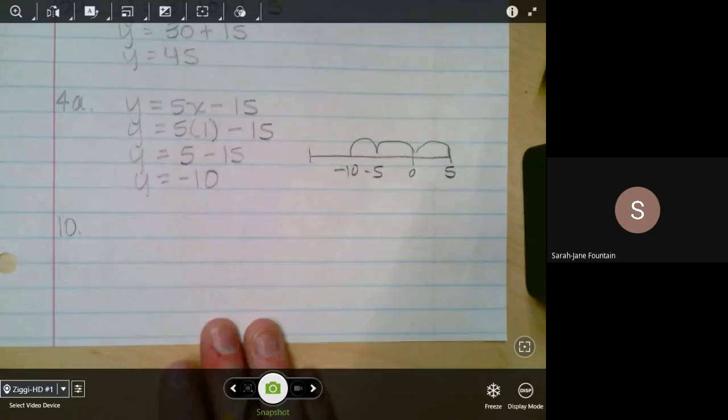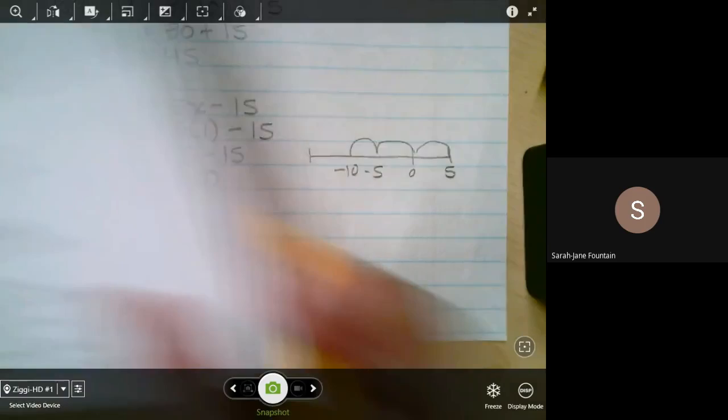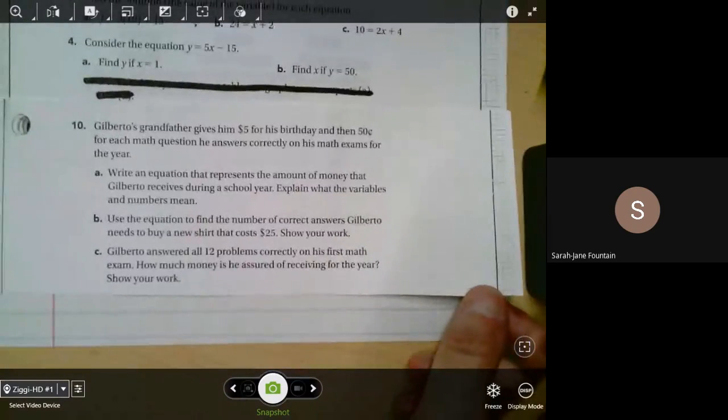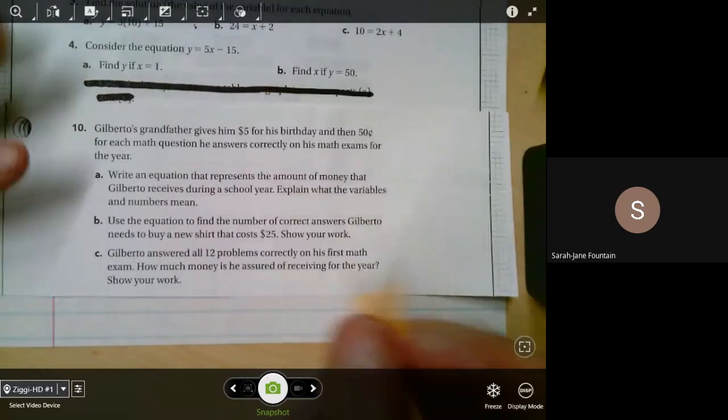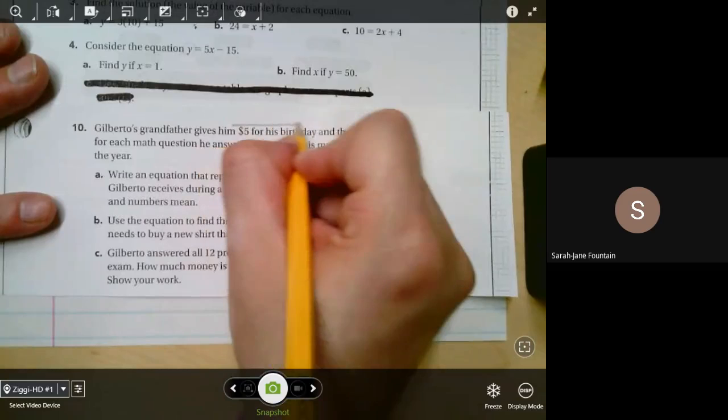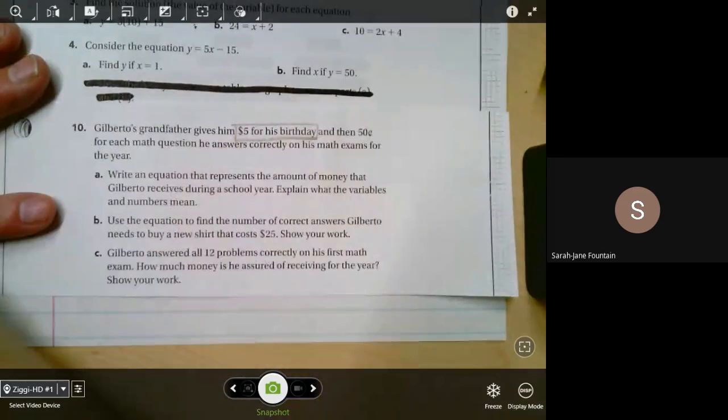I think a lot of you are getting strung up on the words and the equations and the number sentences. So what I want you guys to really try focusing on doing is breaking apart the word sentences. So Gilberto's grandfather gives him $5 for his birthday. He gives him $5.